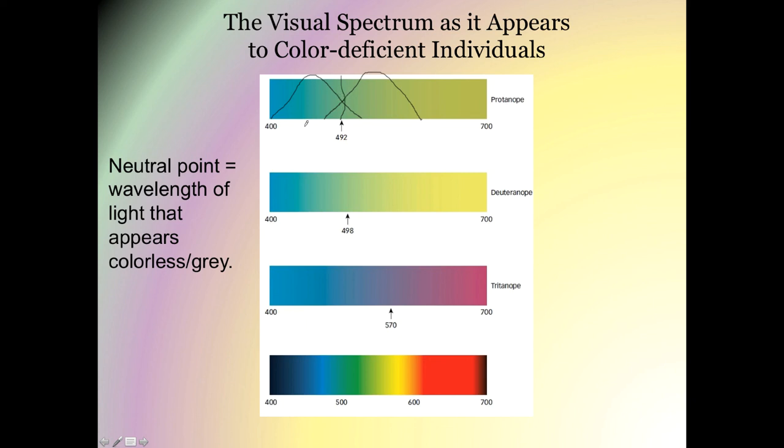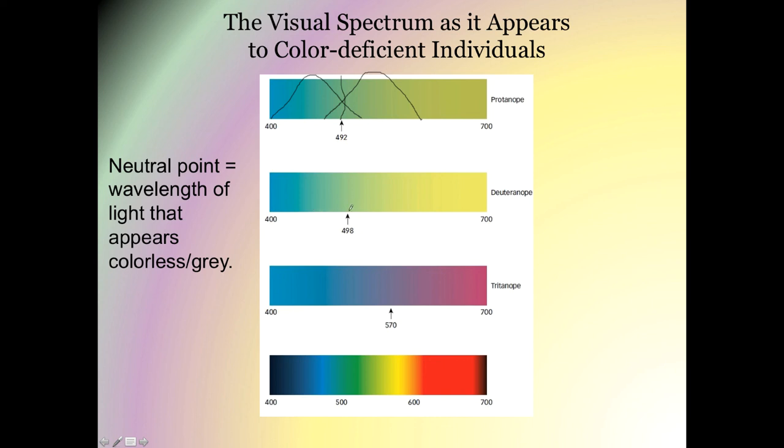I'm sorry, I drew it very poorly, but it's where the X is here. It's where these two curves cross perfectly. And so this wavelength of light produces equal activation in both the short cone and the medium cone, which the brain would normally interpret as white or a shade of gray, right?